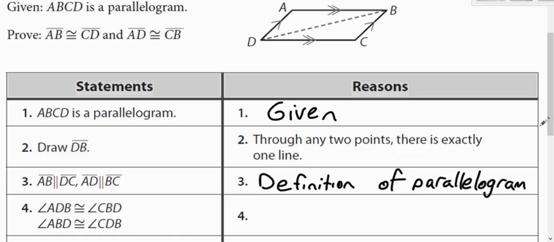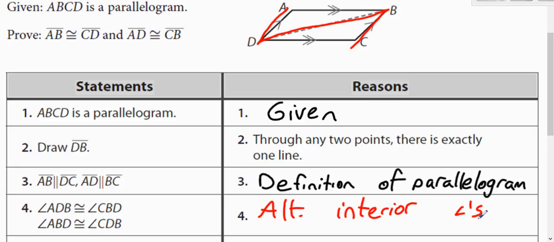Since those sides are parallel by definition, if you were to trace the parallelogram, you could get angle ADB, that's this angle here, and CBD. Those are alternate interior angles. Since the sides are parallel, they're going to be congruent. So, alternate interior angles.